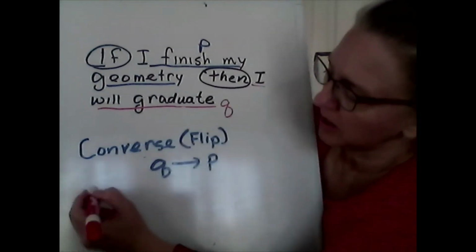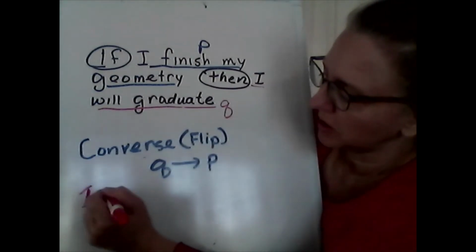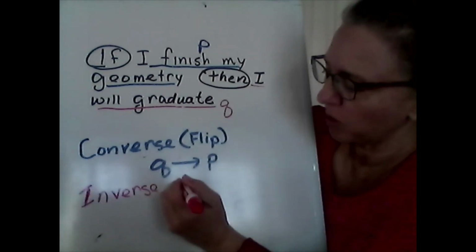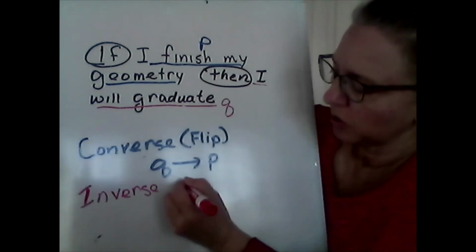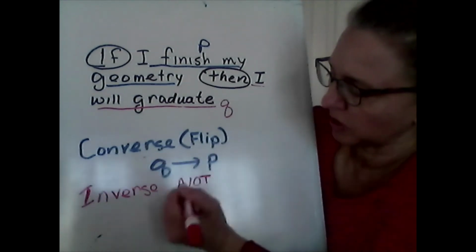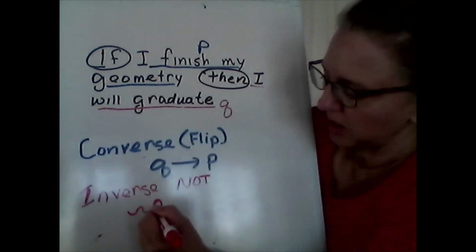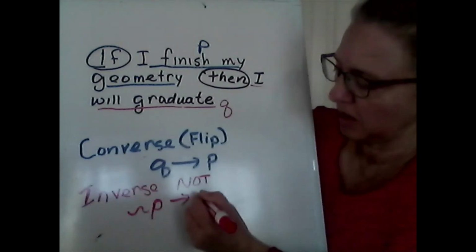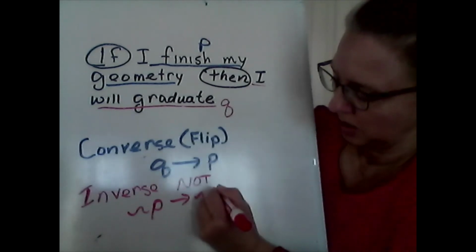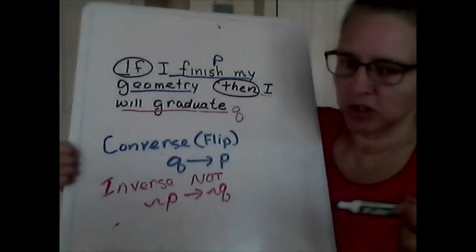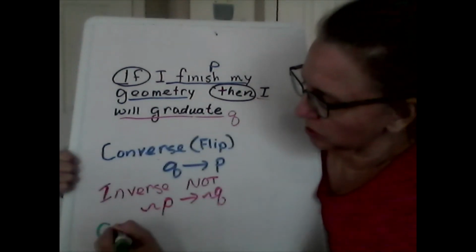When you write the inverse, you keep it in the same order, but you're going to add the word not. You're going to negate it. You're going to say not P, then not Q. And then the last one is the longest one, so we do the most.